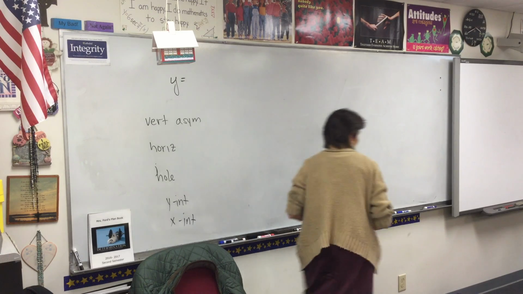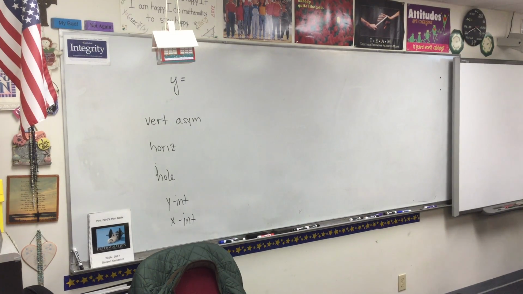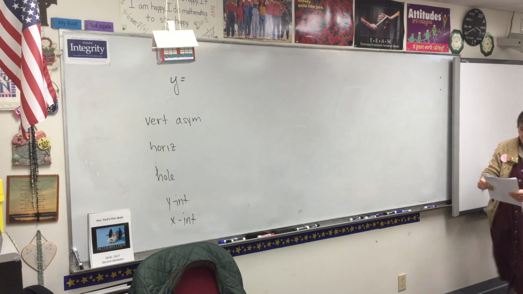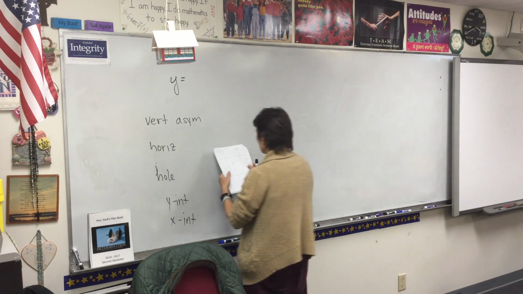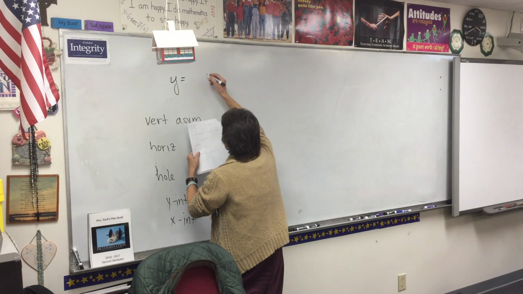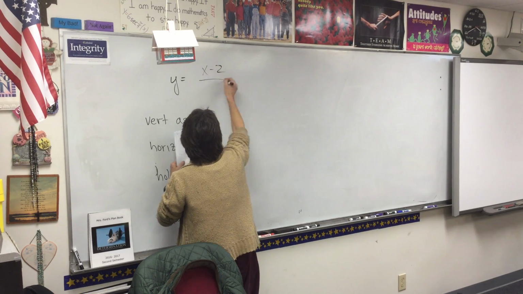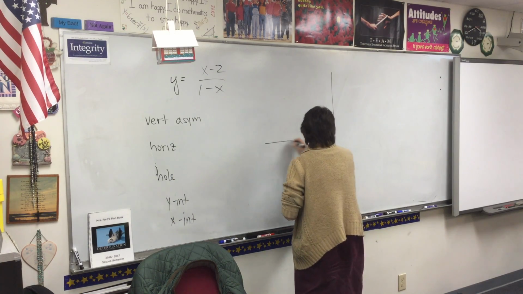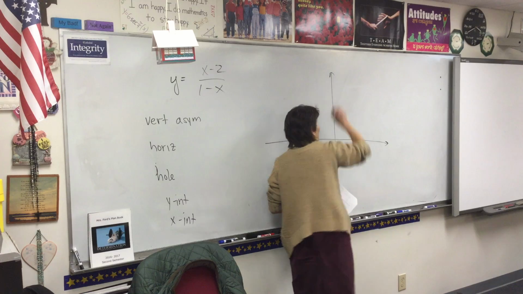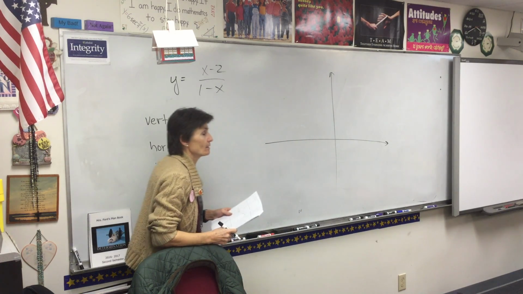Okay. Here we go. We are in our notes, and we're ready. We're on the back of page 19, and we're ready for letter B, which is x minus 2 over 1 minus x. Now, guys, gotta get busy. We have a lot to learn here.